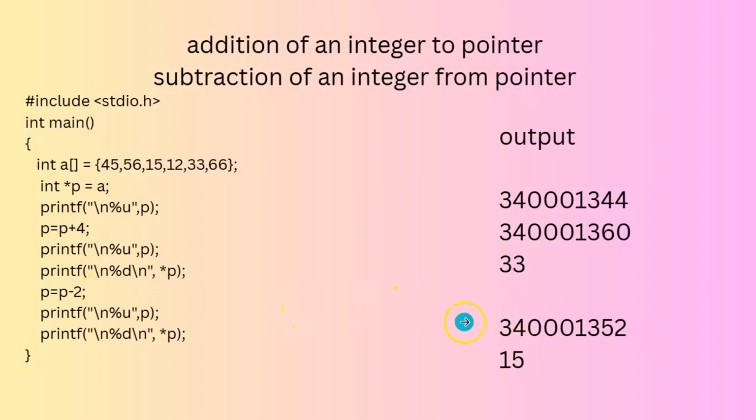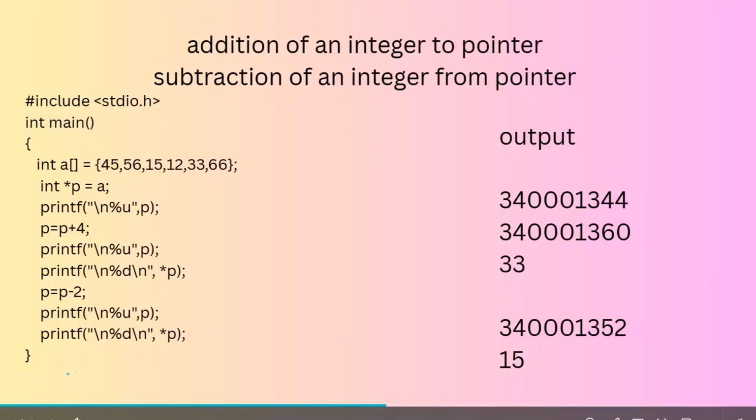If you print the value of p, you can see that it is subtracted by 8. That means 60 minus 8, 52 here. Now if you print the value stored in the address specified by p using the indirection operator, this 15 will be printed. Okay, so this is the way addition of an integer to a pointer and subtraction of an integer from a pointer works in C language.